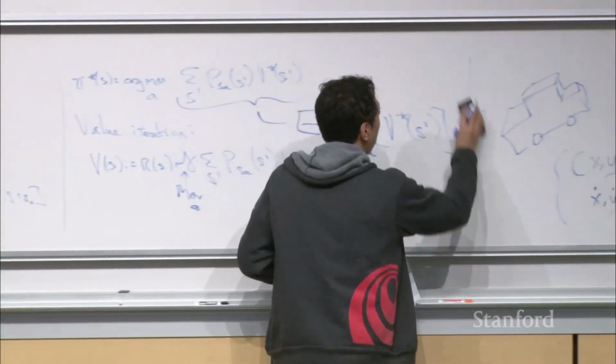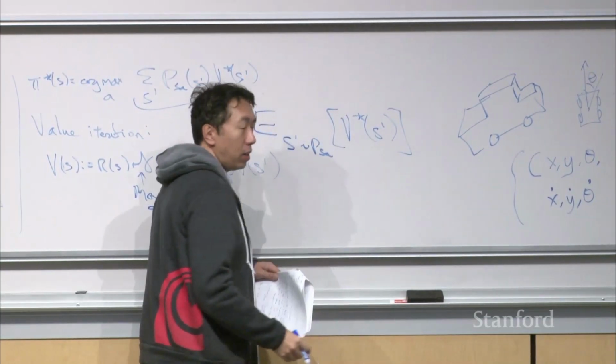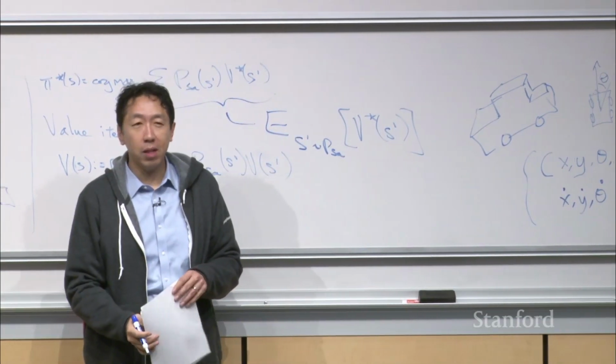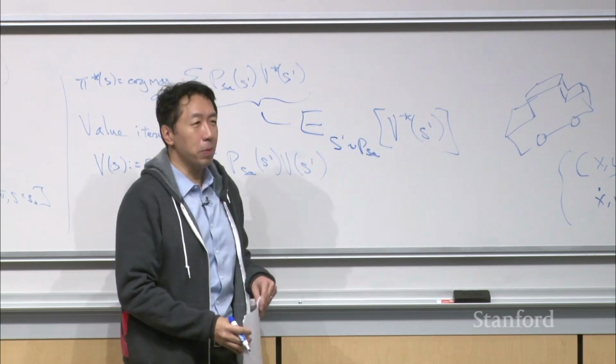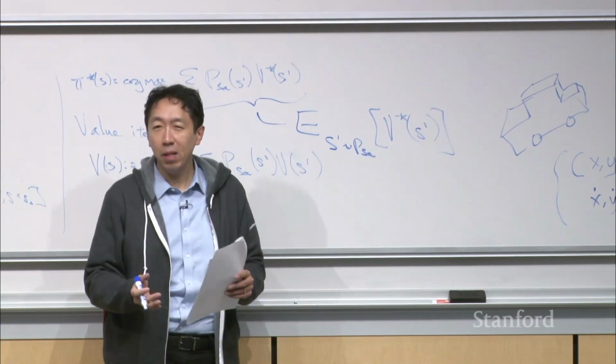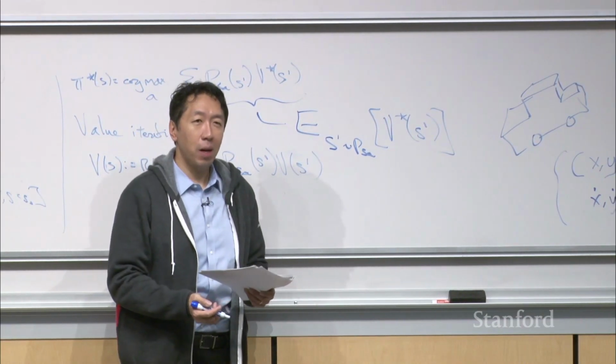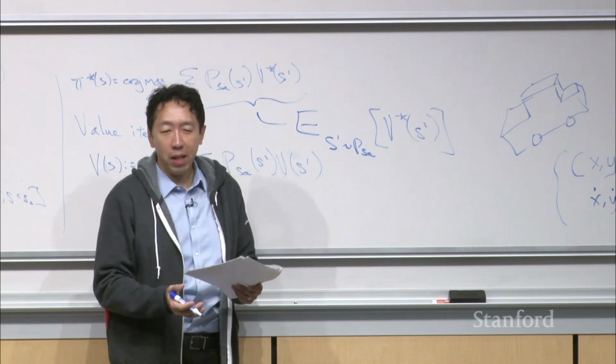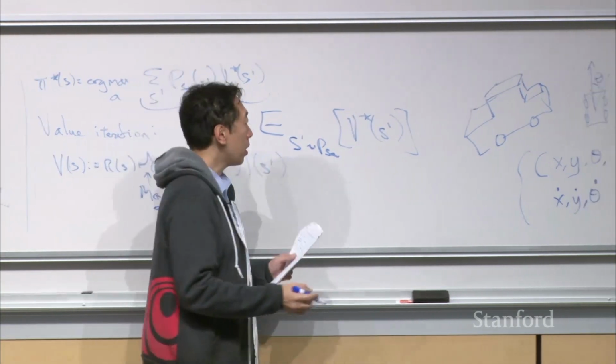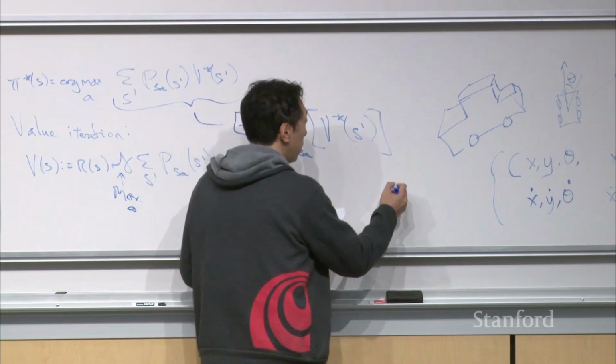Maybe just one last example. It turns out in the early history of reinforcement learning, one of the problems that a lot of people happened to work on, and therefore you see in a lot of reinforcement learning textbooks, is something called the inverted pendulum problem.